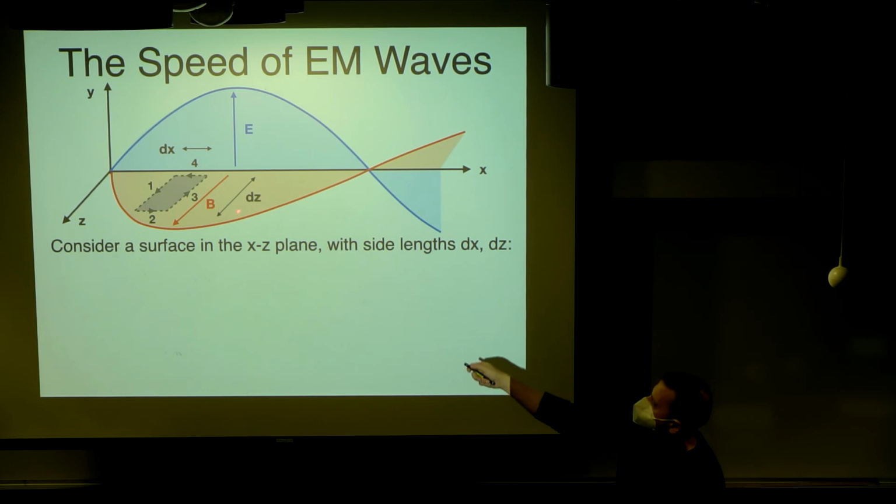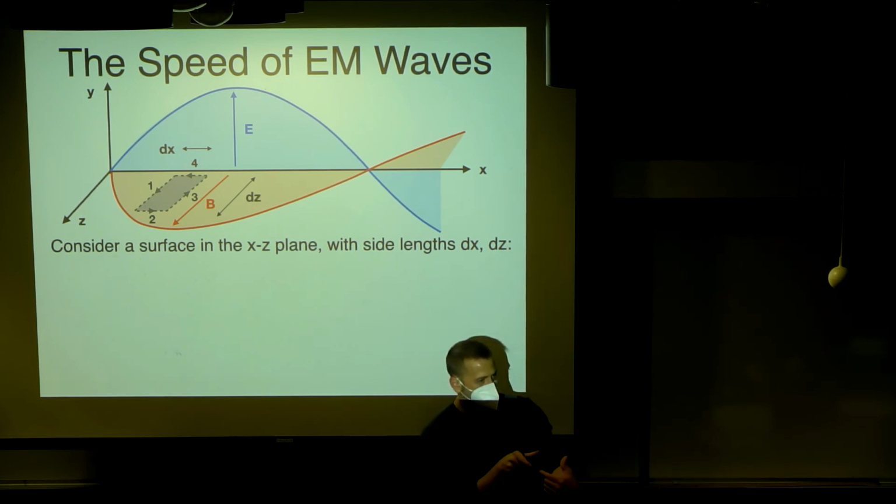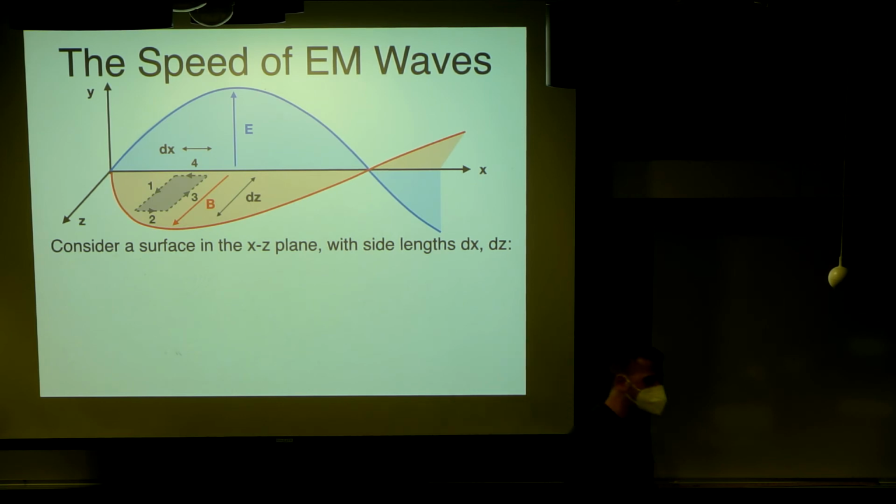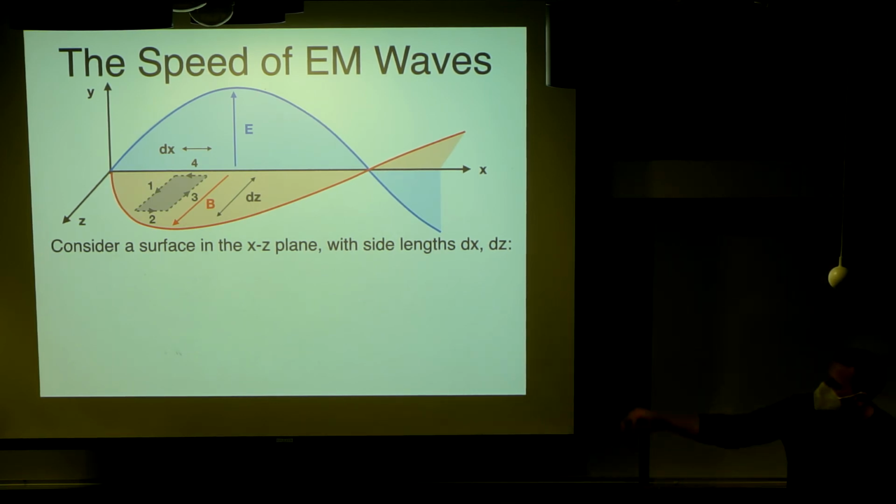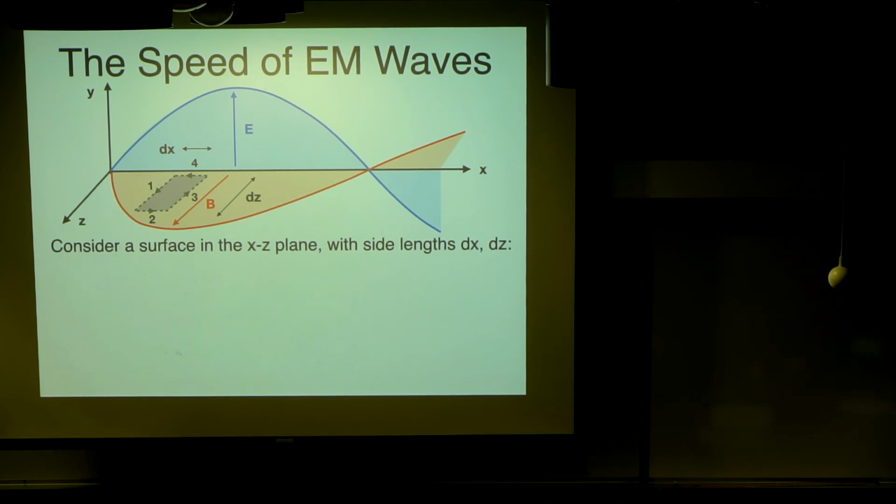So I'm still going to call this distance dx. That's my rectangular surface, how much distance it takes up on the x-axis. And I'll call this dz. That's the distance it takes up along the z-axis. But it's kind of the same thing as before. It's a rectangular surface, so we can integrate around the edge of it. And here's what that would look like.